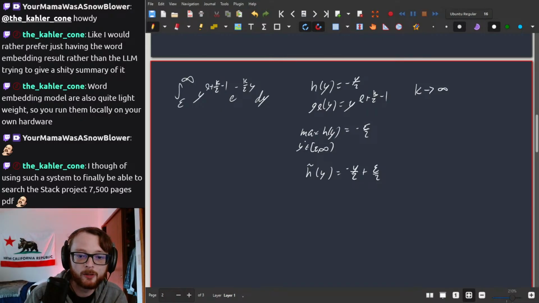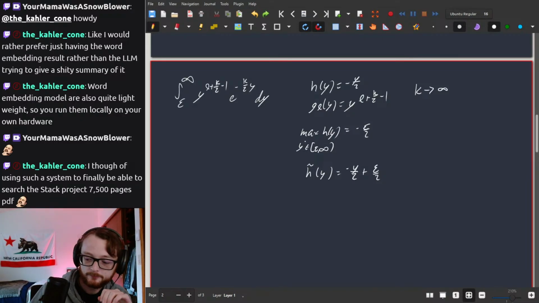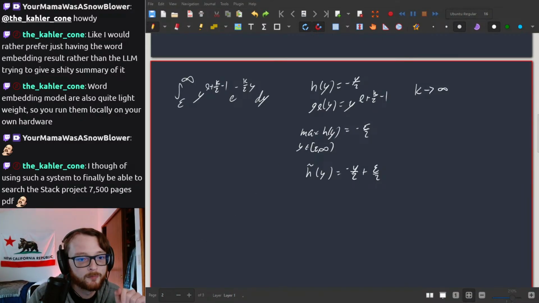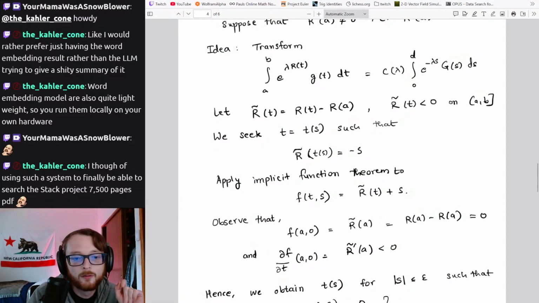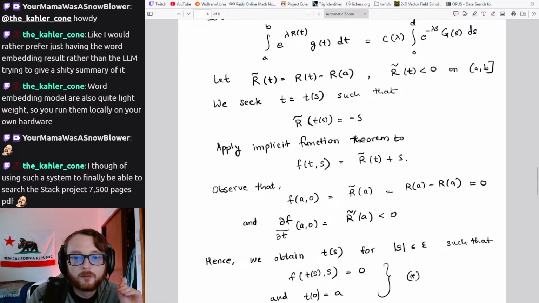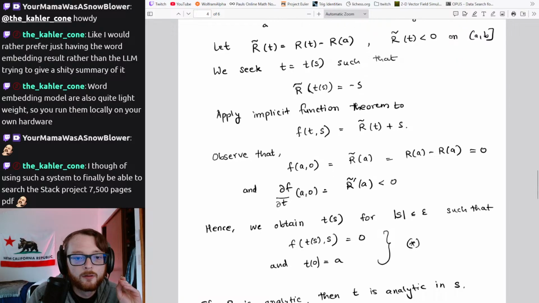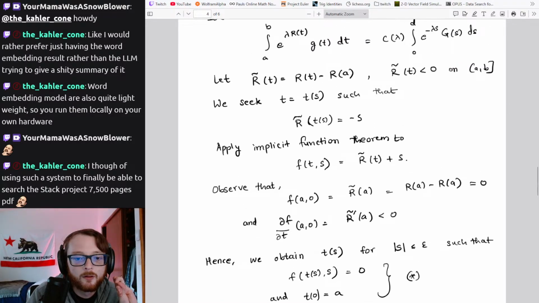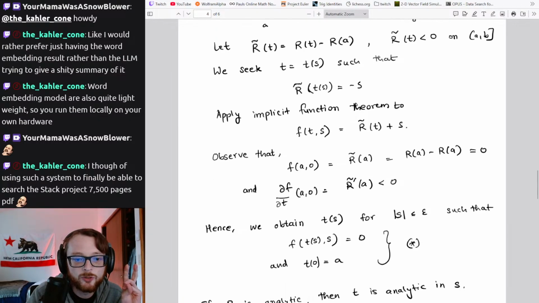So when y equals epsilon, we get 0. And that's our maximum. We seek a function t of s such that r of t of s is negative s. And so for the sake of Laplace's method and just proving it in general, we use the implicit function theorem to prove that this change of variables exists.